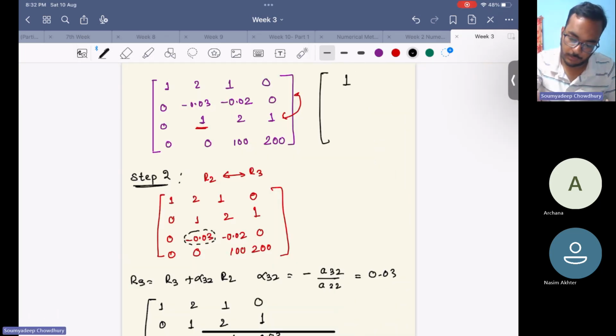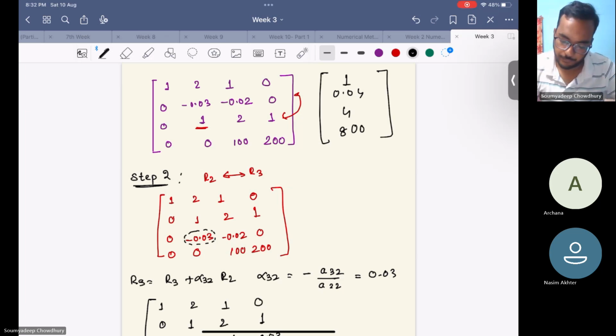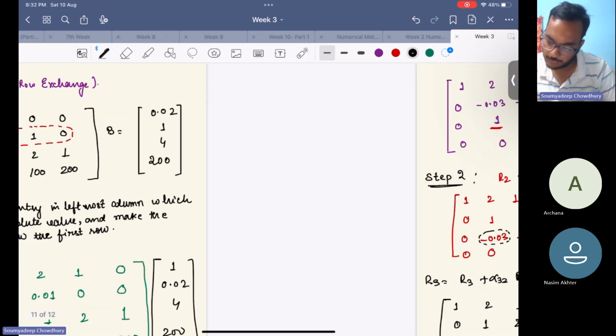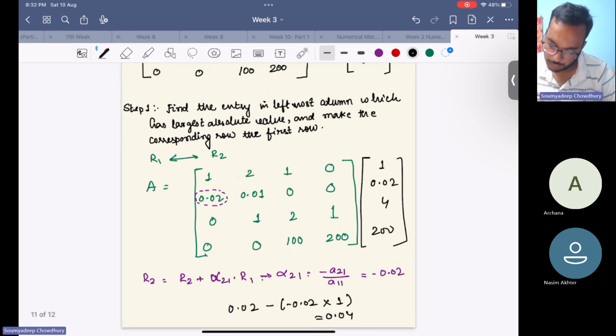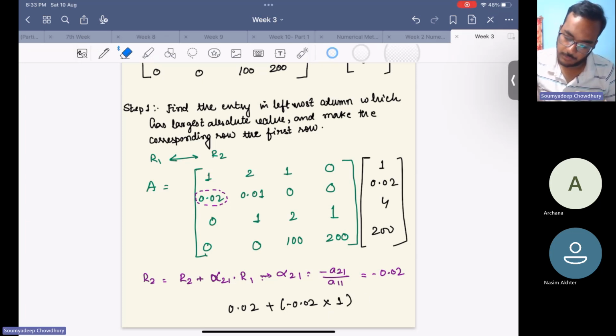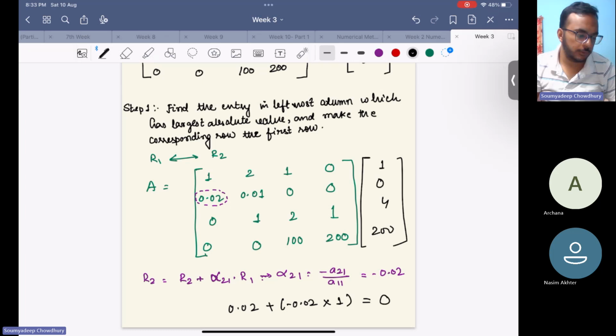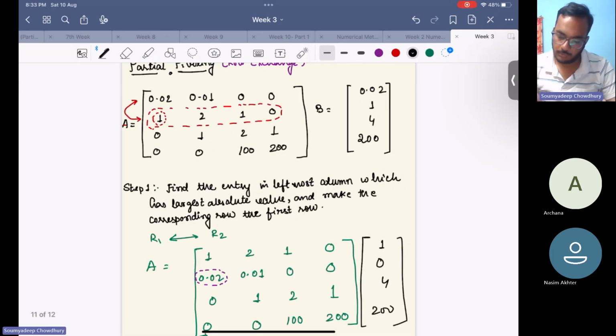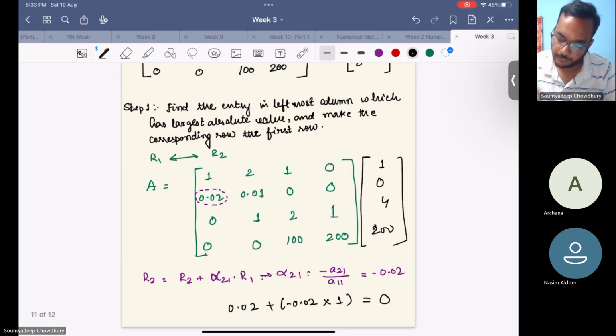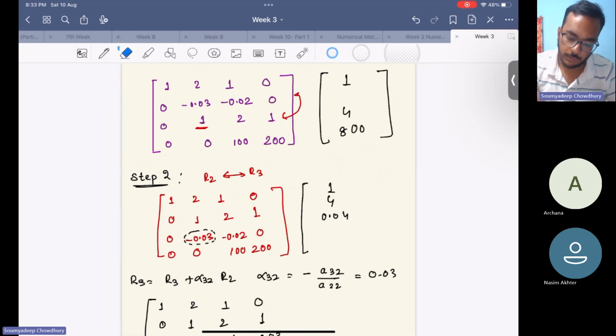So it is 104. So now we change it to 1 4 0. Sorry, this is 0. This is 0. So this is 0. 0 1 4 0 800. This is not 200, this is 800. So it is 1 4 0 800.